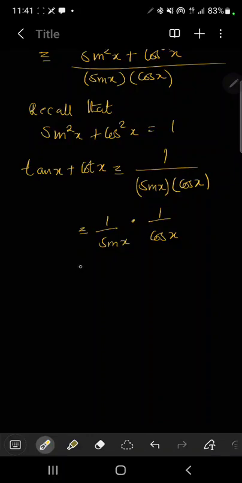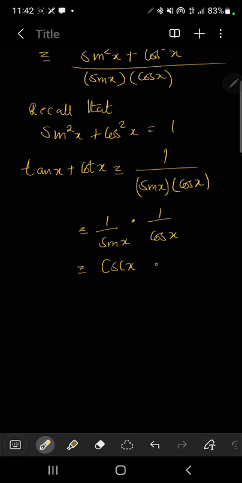So now this is equal to 1 over sine x. This is the reciprocal function, so that it becomes cosec x.